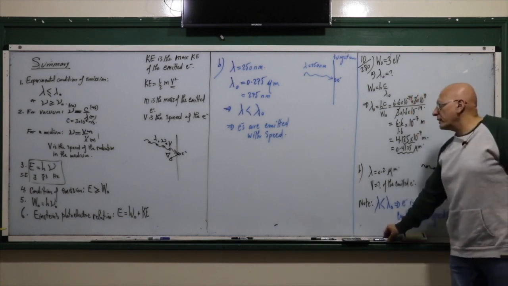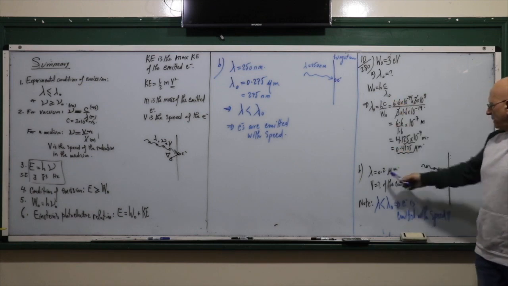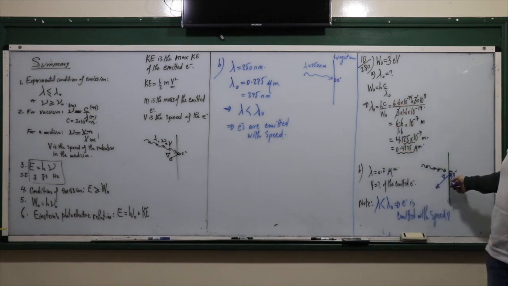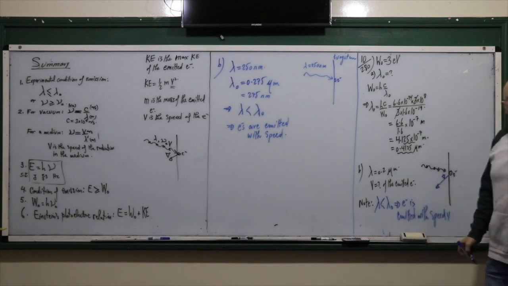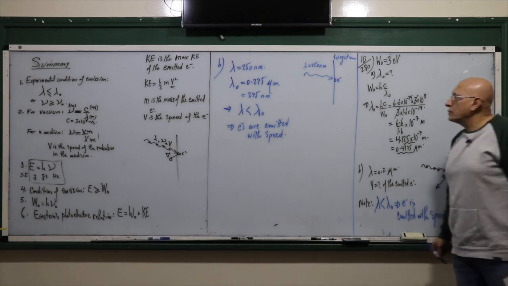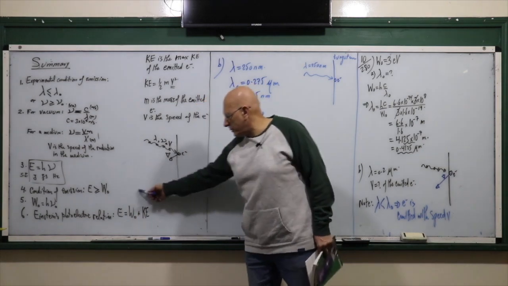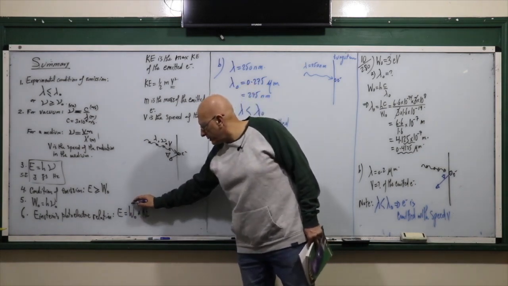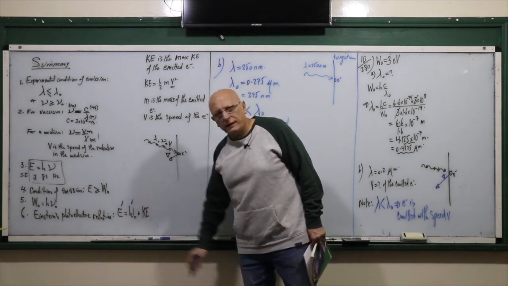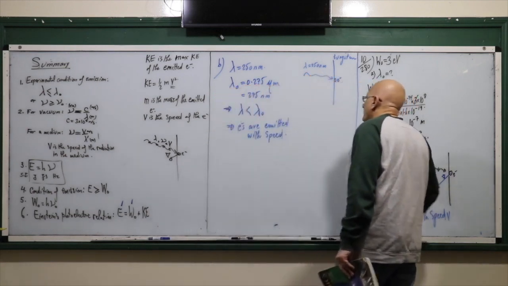So to calculate the speed, I have W node, I have lambda, I want the speed. First, to find the speed, I should find the kinetic energy of the electron. So I am going to use Einstein's relation. I have W node, I calculate E, and then I get the maximum kinetic energy.